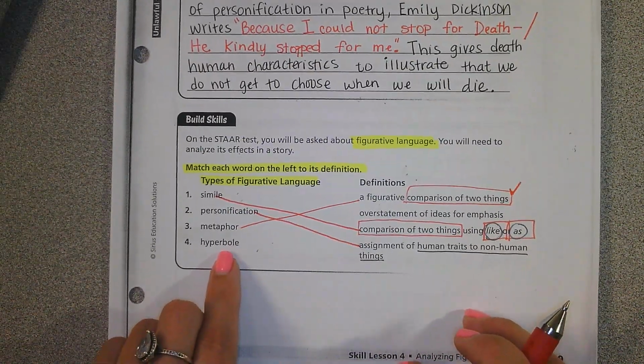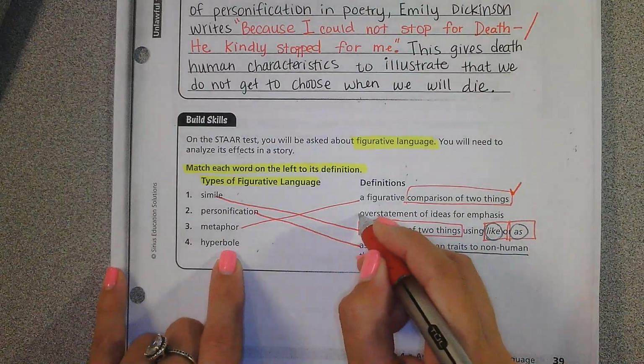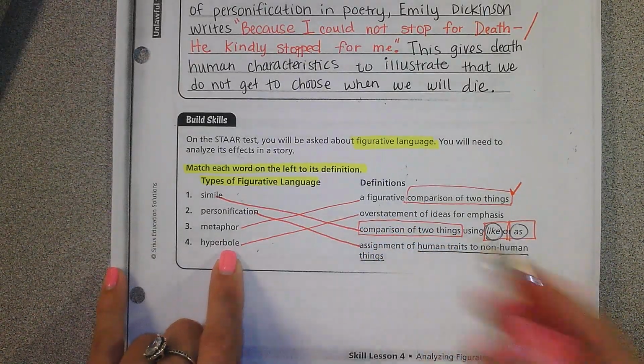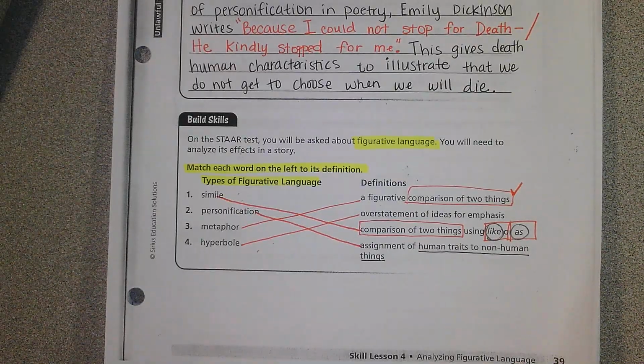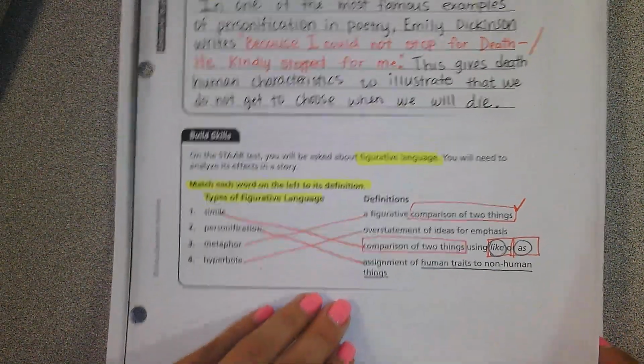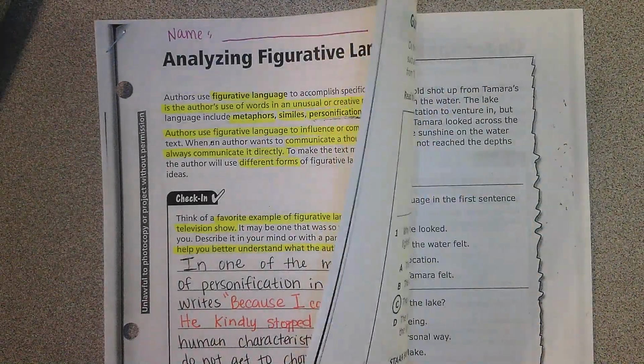And then, of course, a hyperbole is when we exaggerate. It's an overstatement where people exaggerate for emphasis, to emphasize something that is happening. Okay, so your paper so far should look something like this. Let's move on to the next page.